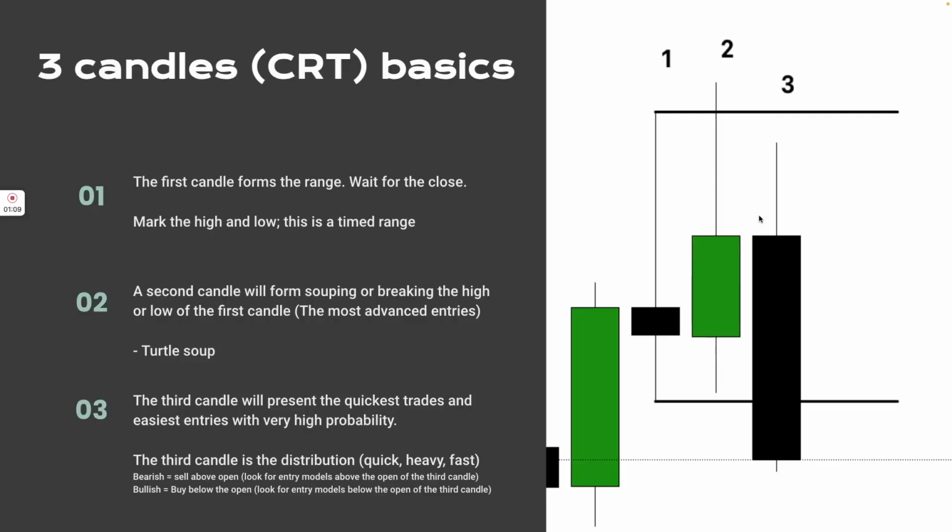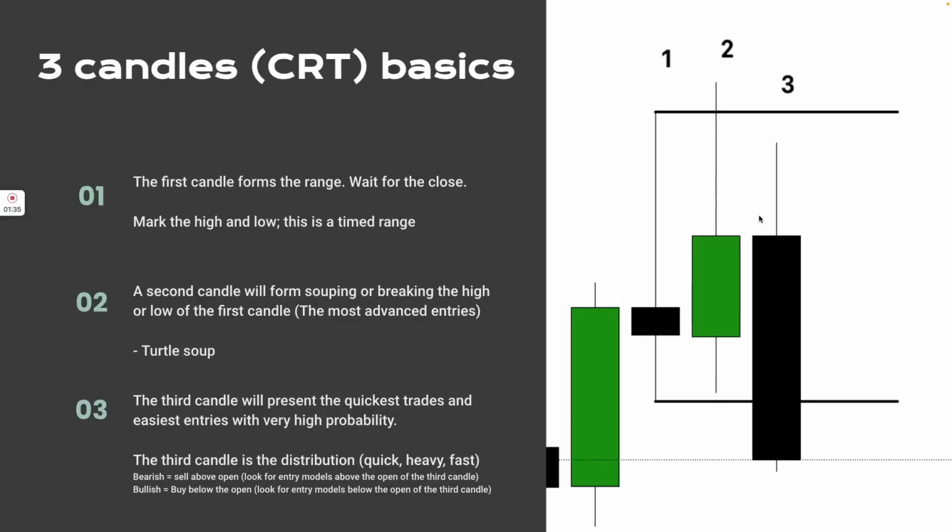However, this is a timed range. Why? Because you are going on a higher time frame, choosing a specific candle, waiting for the close, and drawing the highs and lows. Then you are heading on to the lower time frames to trade that candle's range, that time's range.